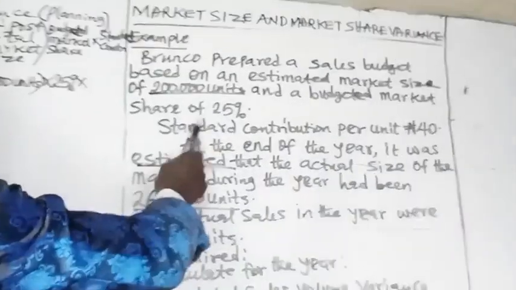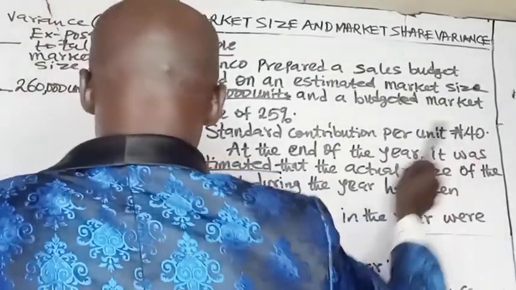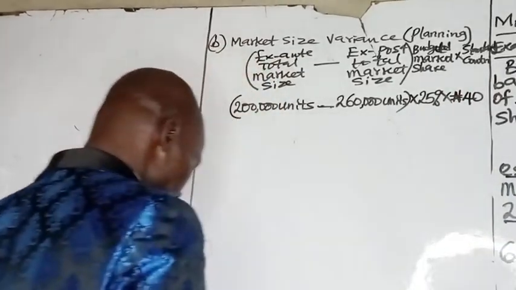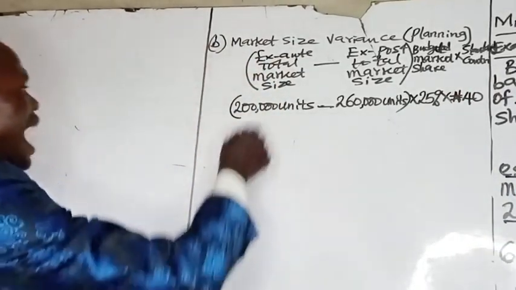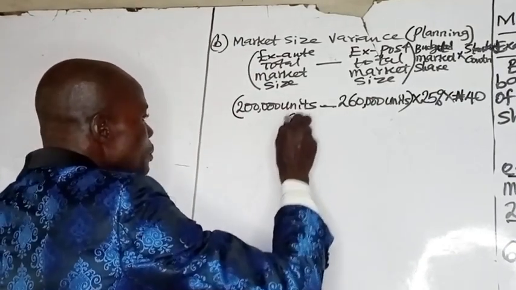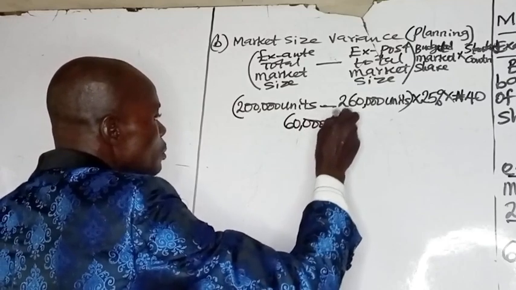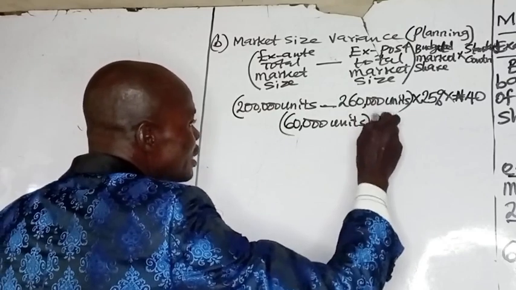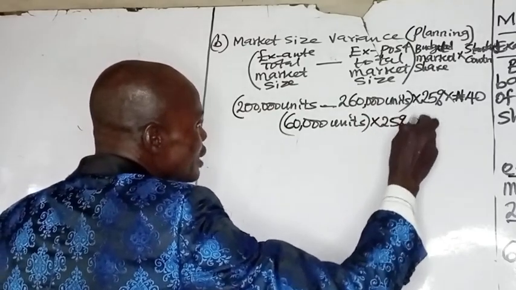We are given the standard contribution per unit of 40 naira. So times 40 naira. So 200,000 minus 260,000 will give us 60,000 units, times 25%, times 40 naira.